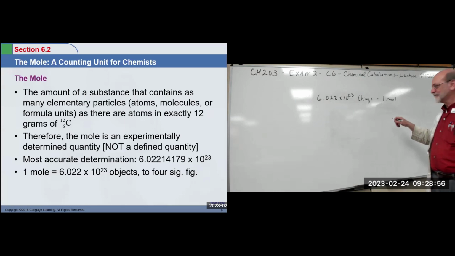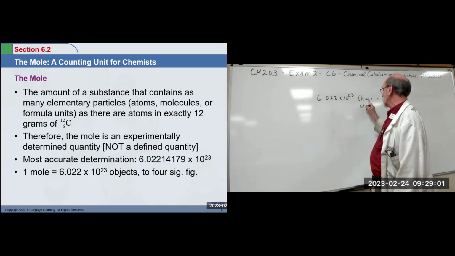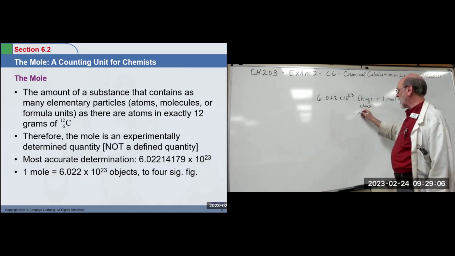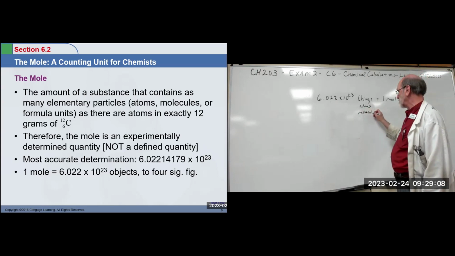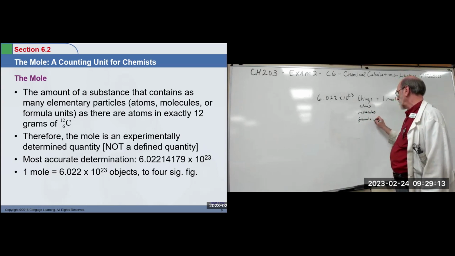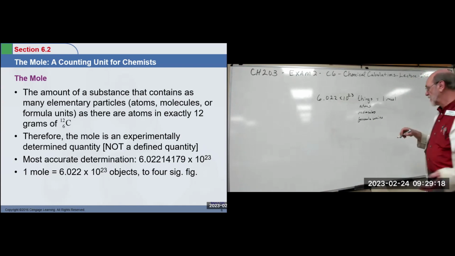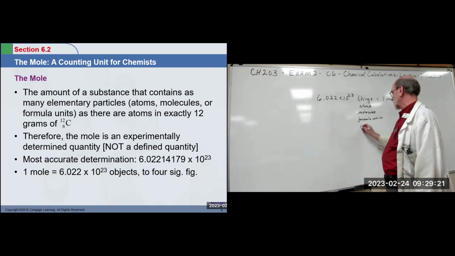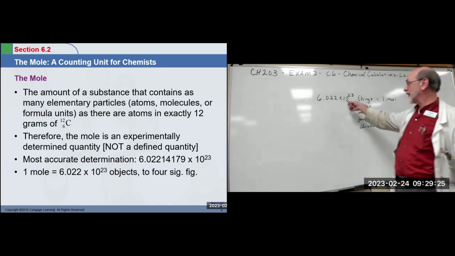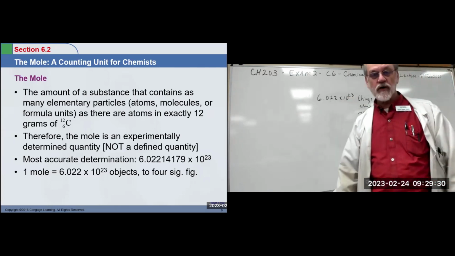I don't know. So this could be atoms. That many atoms would be 1 mole. It could be molecules. Right? It could be formula units, if it's an ionic compound, right? We have formula units. Or it could be, I don't know, it could be chickens. You could have a mole of chickens if you had that many of them. Okay, it's just a number as far as we're concerned.